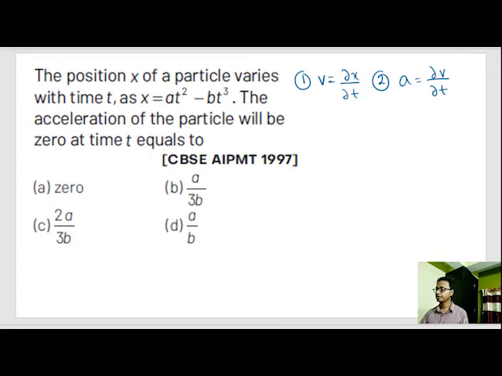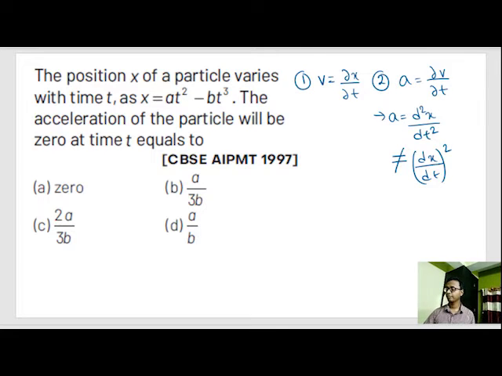In some books this can be written as d square x by dt square. Just make sure d square x by dt square is not equal to dx by dt whole square. d square x by dt square means you have to differentiate this x 2 times.